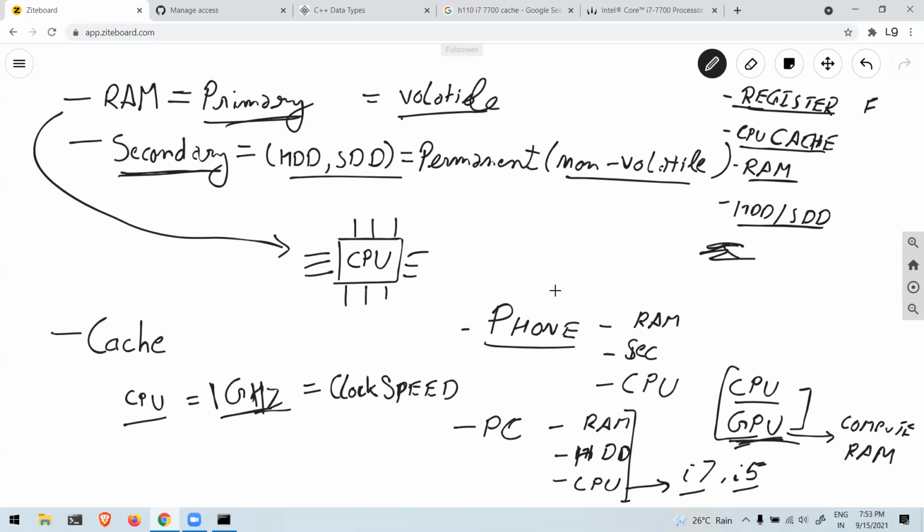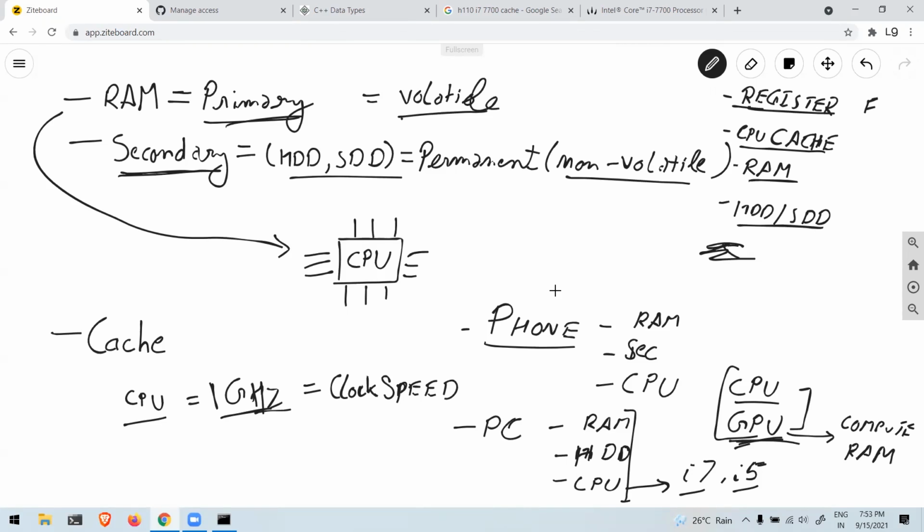Then you have cache. Cache is slower than your registers, but since it is slower, it is cheaper also. Registers would be the costliest kind of memory that your chip creators can make. It's very costly to make registers. CPU cache is slower in terms of speed, but because it costs less, you can put more of it on the chip.